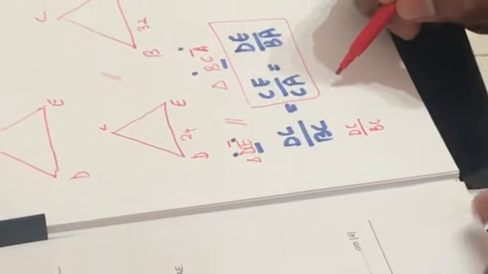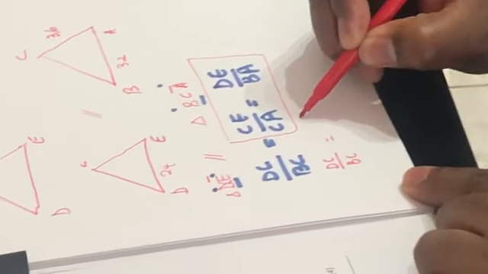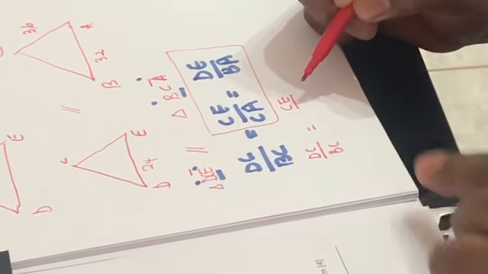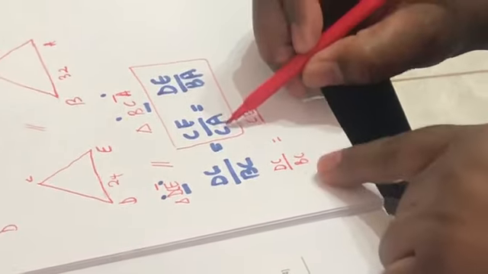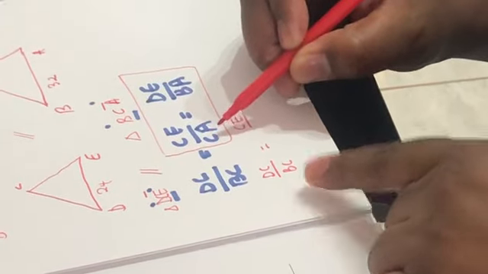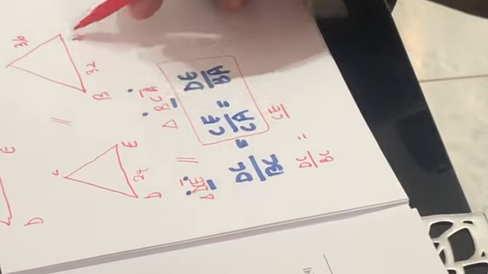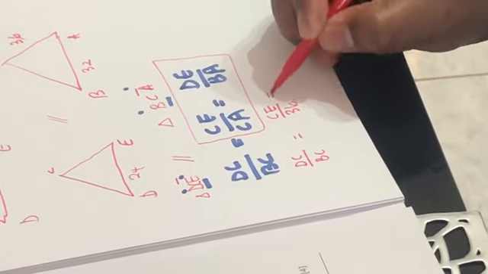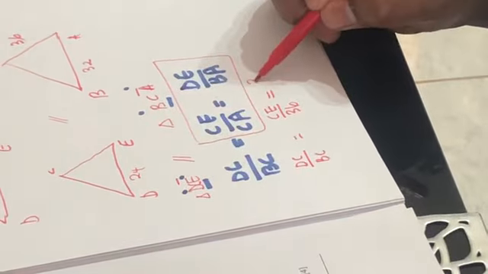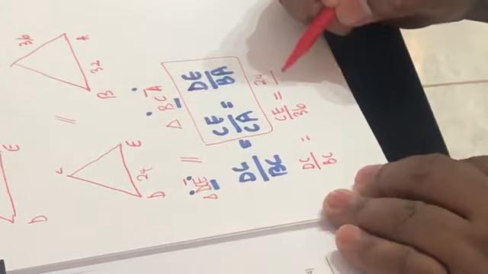So CE is what I'm looking at, over CA, and CA is 36, all right? CA is 36, and I know that DE is 24 over 32.